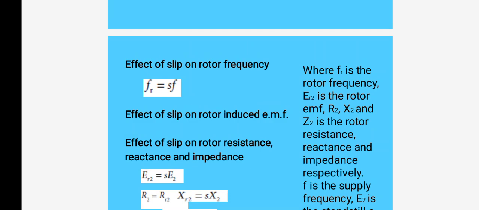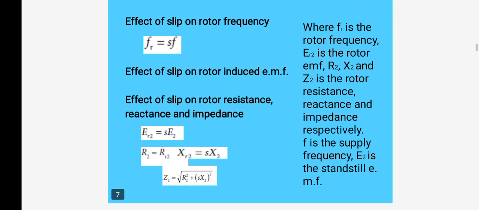The effect of slip on the rotor induced EMF, and on the rotor resistance, reactance and impedance: Er2 = s E2, R2 remains R2, Xr2 = s X2. So the total impedance is the square root of R2 squared plus (s X2) squared, where Fr is the rotor frequency, Er2 is the rotor EMF, R2, X2 and Z2 are the rotor resistance, reactance and impedance respectively, F is the supply frequency, and E2 is the standstill EMF.